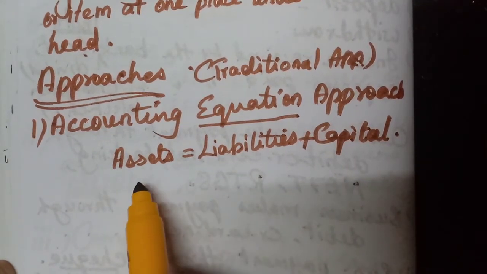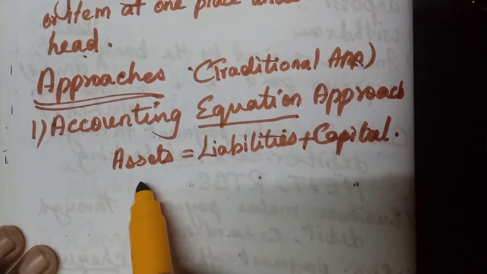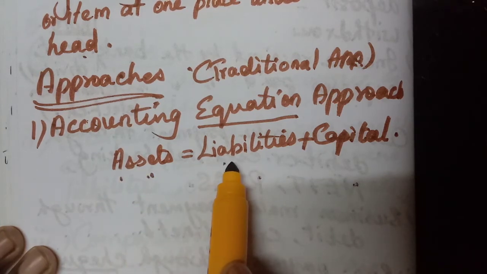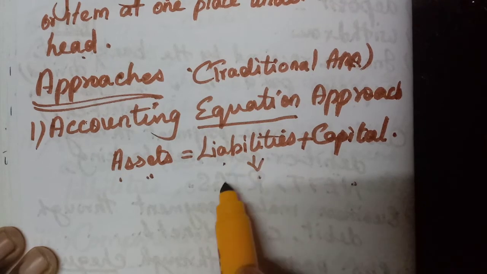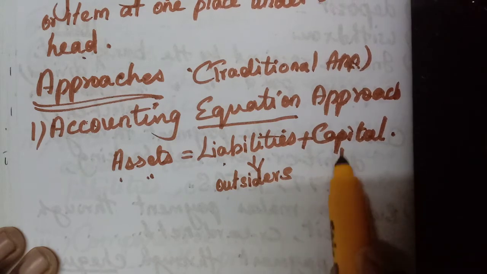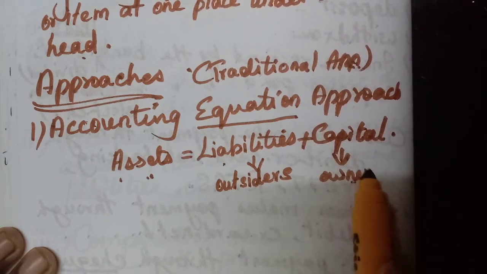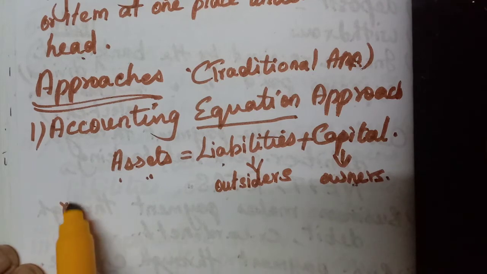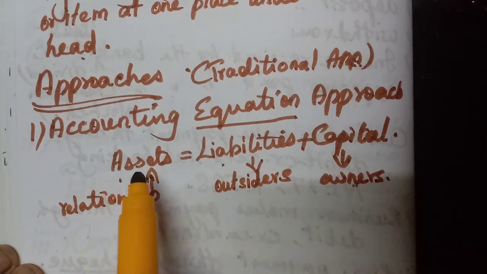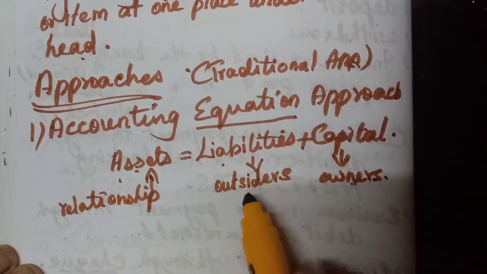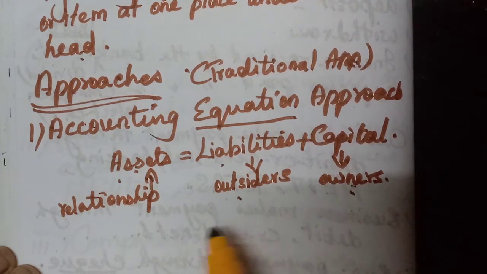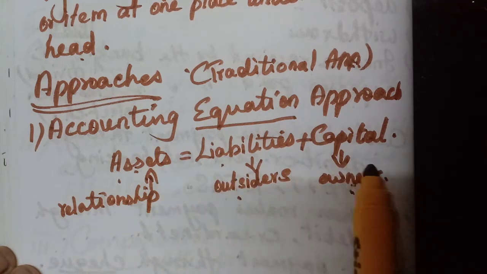We are giving a relationship of assets with the liabilities to outsiders and with the liabilities to owners. That is called capital. So we can say assets is equal to liabilities plus capital.